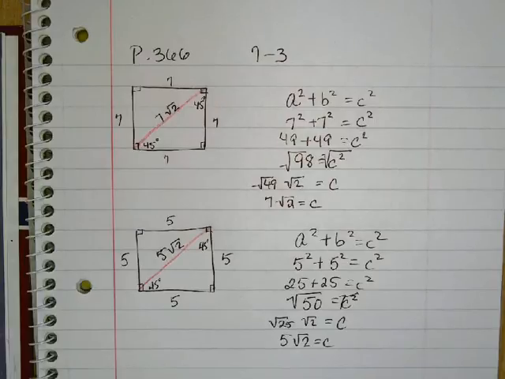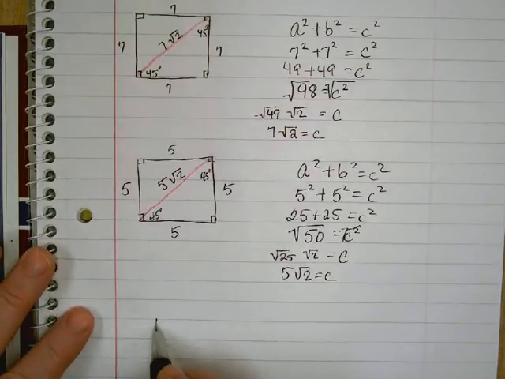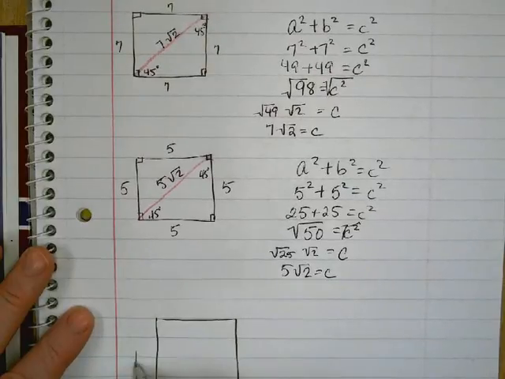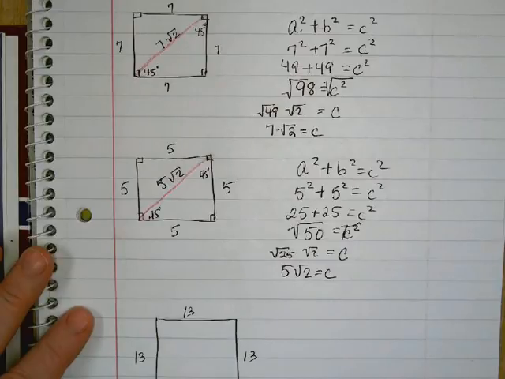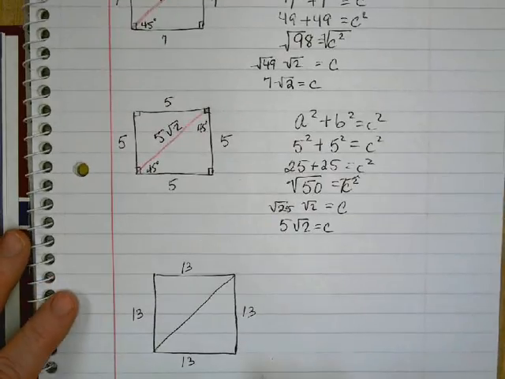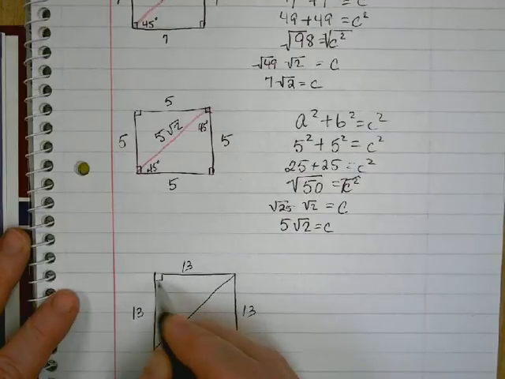Think it's easy? Okay. So suppose that I give you this picture. What's the length of the diagonal? That's a square. And I've drawn in the diagonal. What's the length going to be?